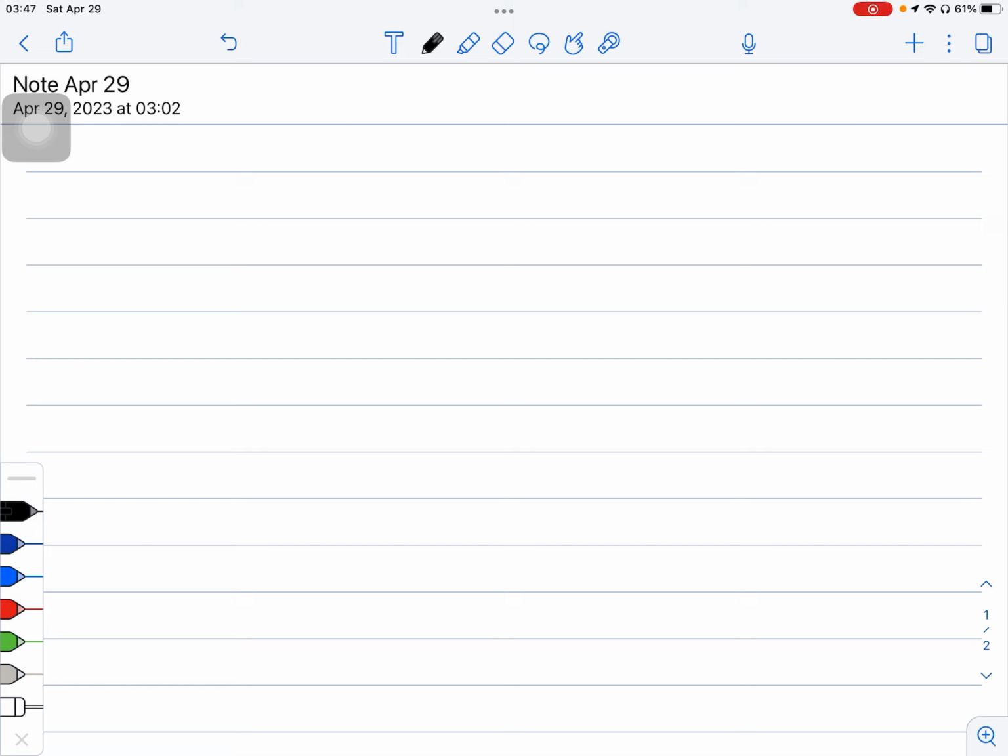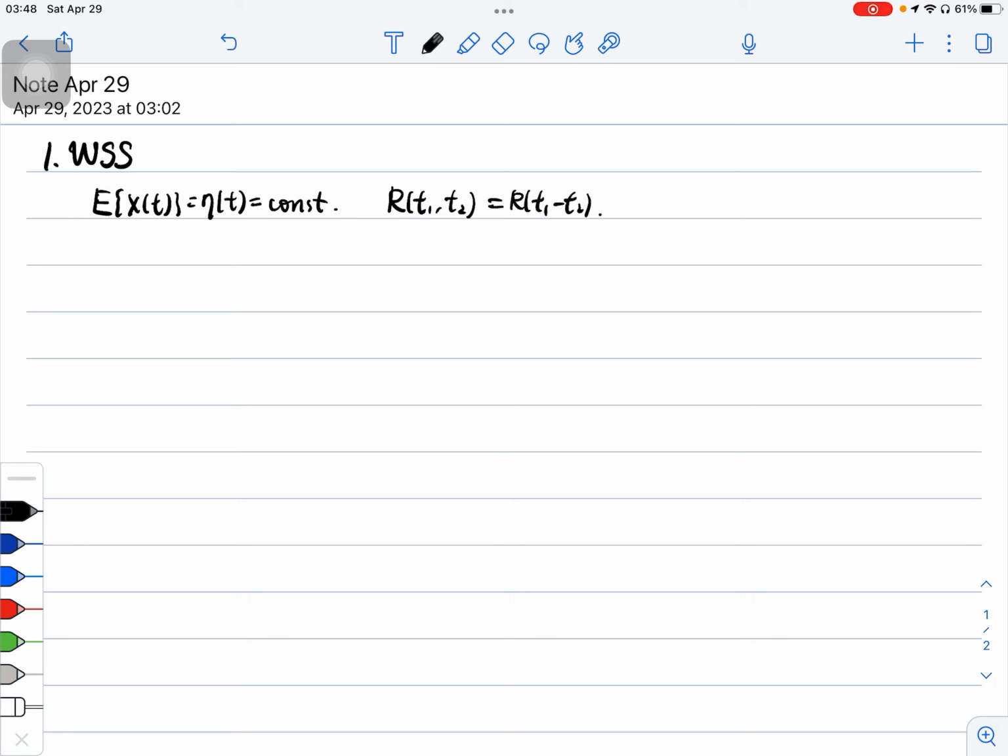First, we start with the wide-sense stationary process, or WSS. A stochastic process is called a wide-sense stationary process, or WSS process, if the expected value is a constant and the autocorrelation is this.